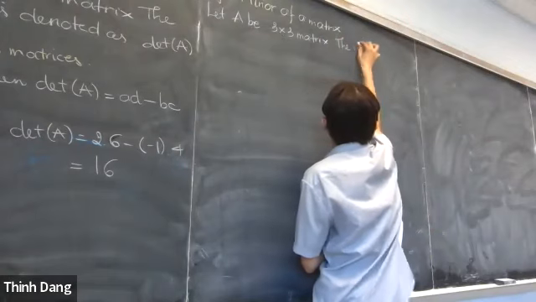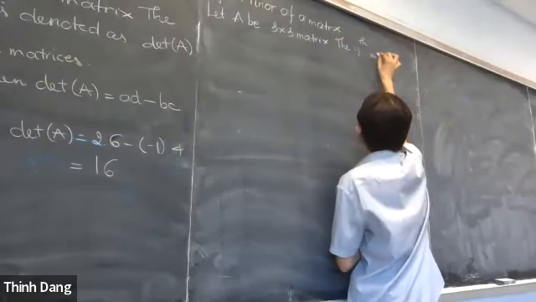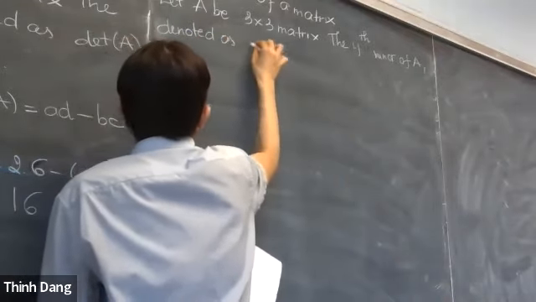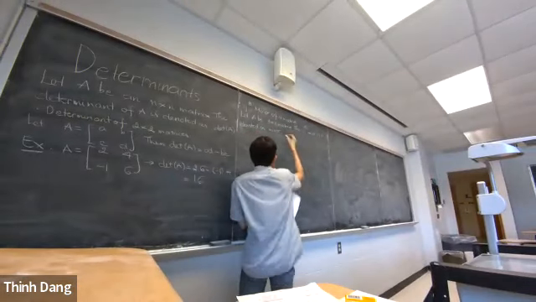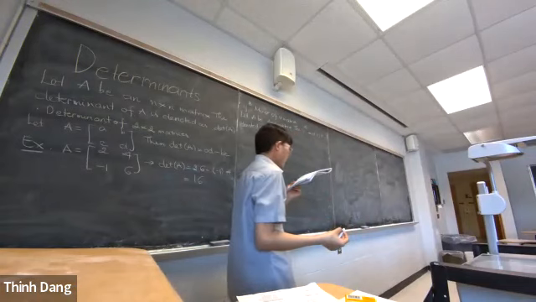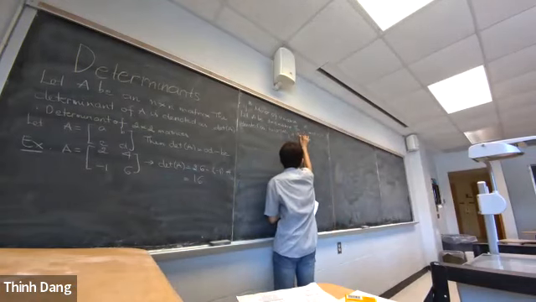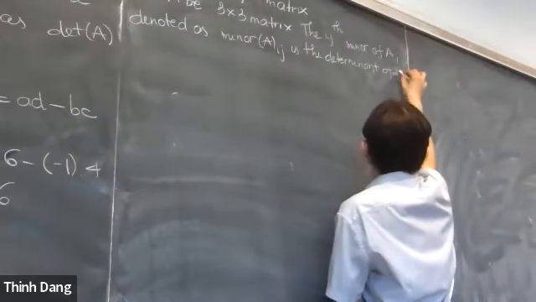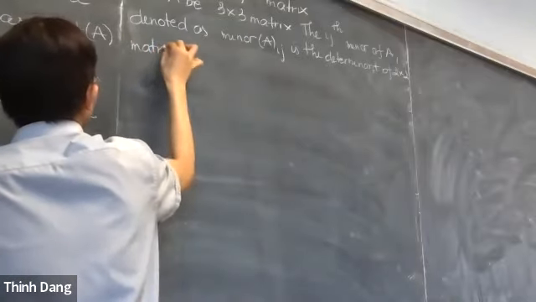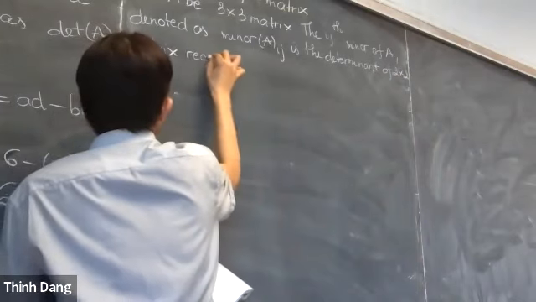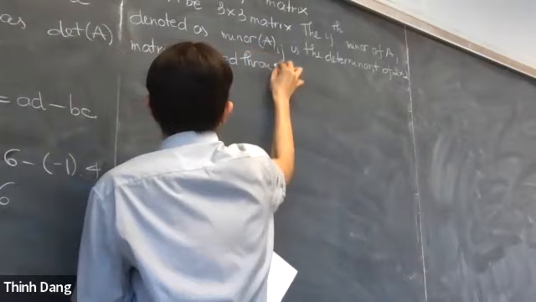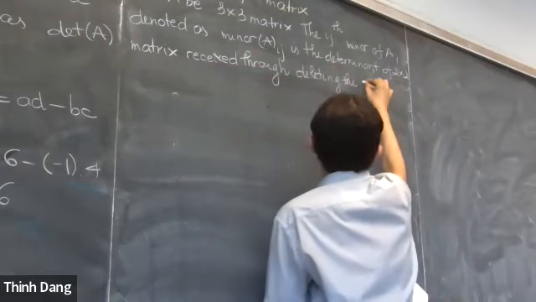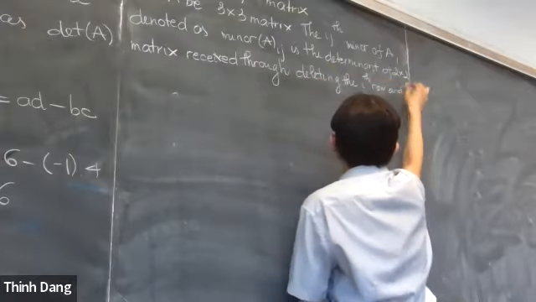The ij minor of A, which we denote as M_ij, is exactly the determinant of the 2 by 2 matrix received through deleting the i-th row and the j-th column.